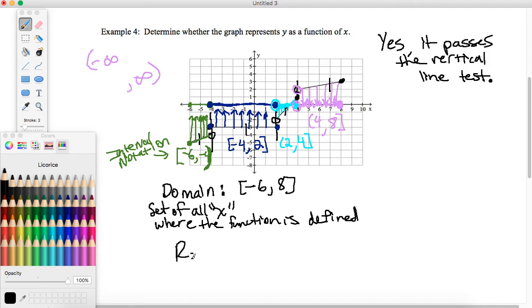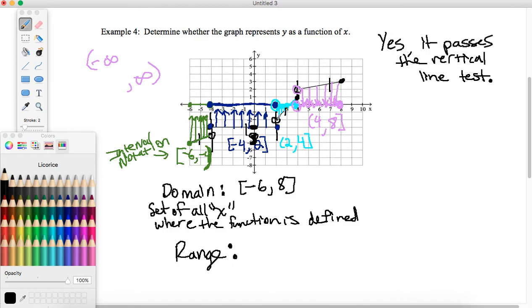And then my range is the y values where my function is defined. So now I've got to think on the y-axis, what are my ordered pairs? If I start from the leftmost point, it's -5, which is this point right here, closed. Then I'm covered up until we get to -4, that's closed. Then my graph skips, and I'm at this point right here, which is -3.